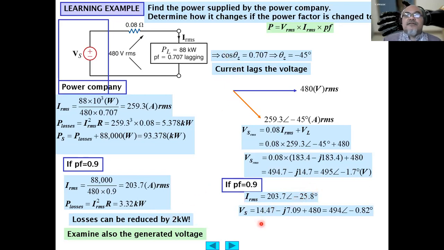So the voltage source is then 14.47 minus j7.09, this is the loss here, calculated from 0.08 times the IRMS, and then plus 480. Then we obtain 494 volt with a phase angle of minus 0.82 degree at the voltage source.